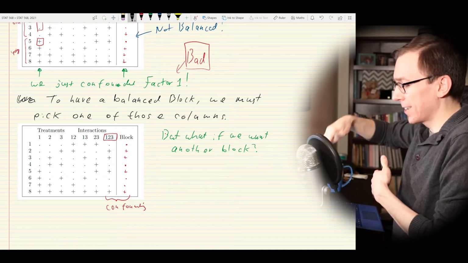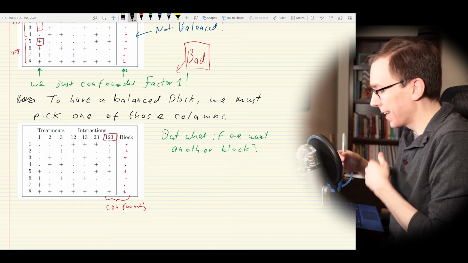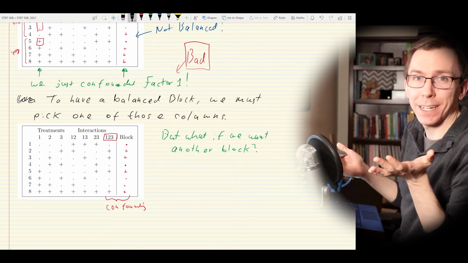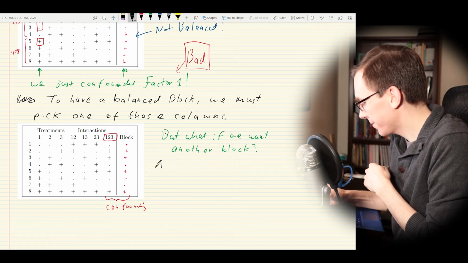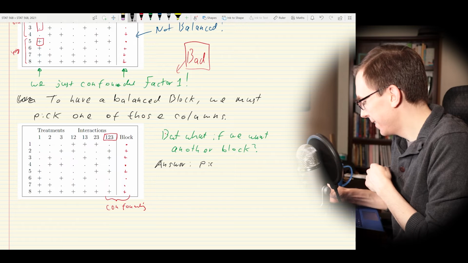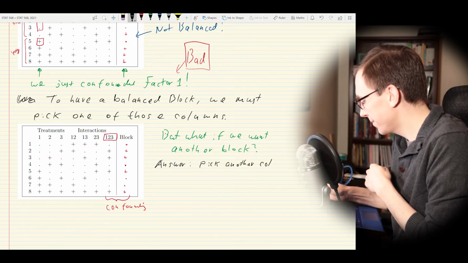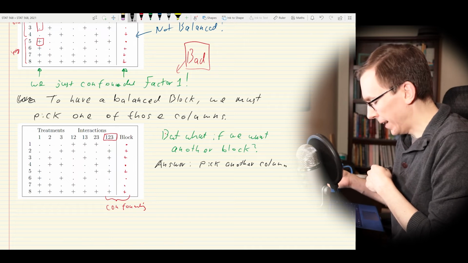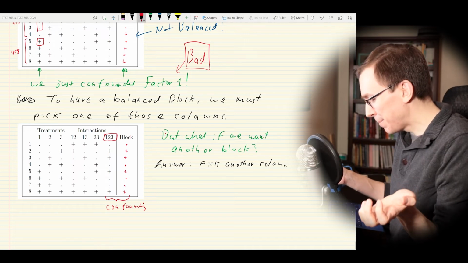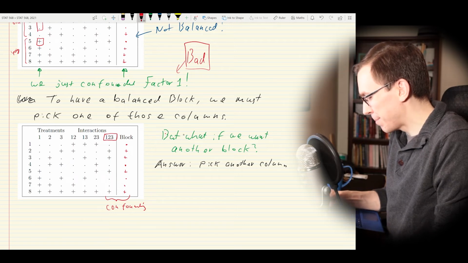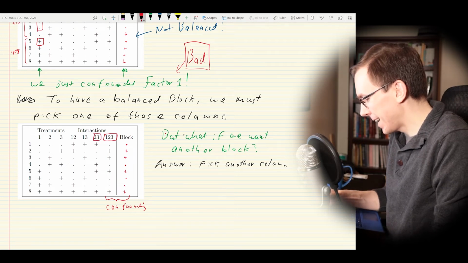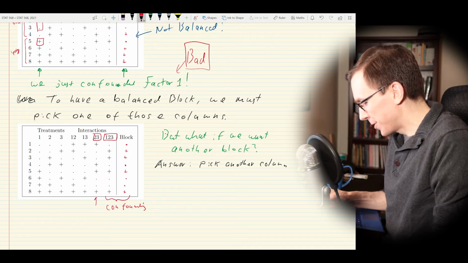We might want to cut our data set in half again with another block. Well, we have to pick another column. Okay, so what would be another good column to pick? Well, we have 3 2-way interactions, so let's just pick one of them and see what happens. Okay, so I'm going to pick this as block 2.